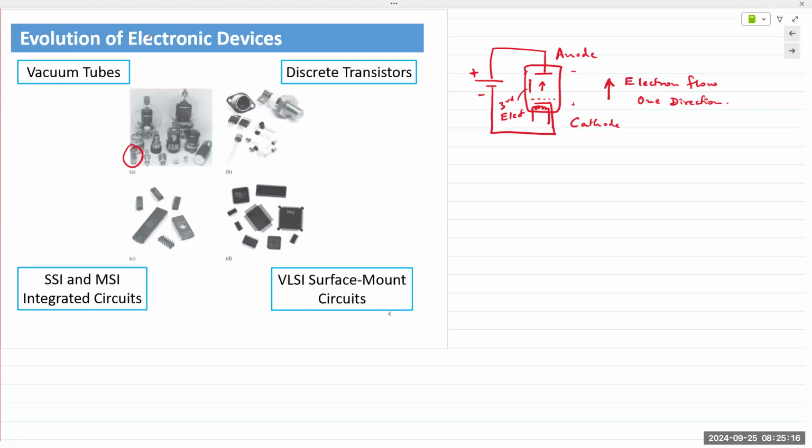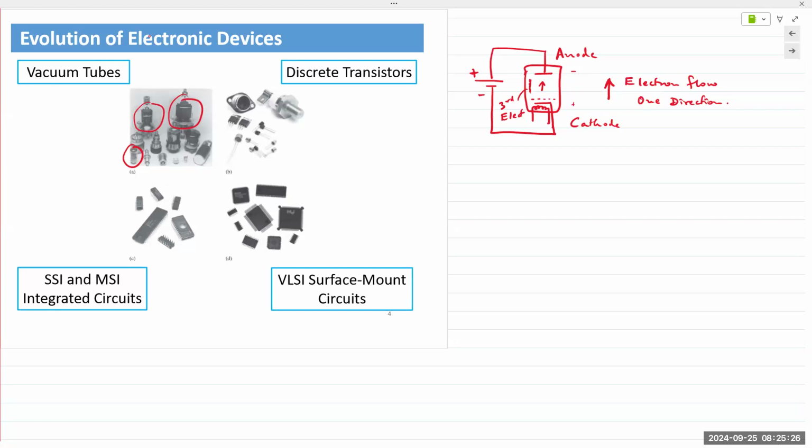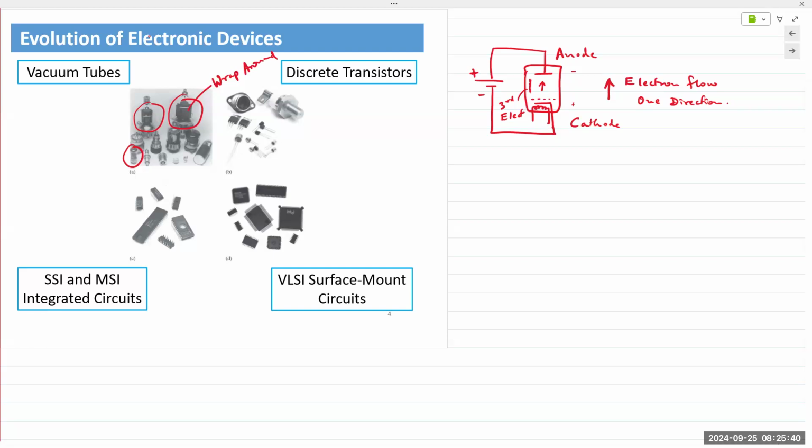If you look at some of these devices right here, it's probably very hard to see. I'm not certain how many electrodes these have, but you can see there are multiple. You can see a wrap around electrode around it inside here. And so those could be an example for a triode or a higher number of electrodes inside one vacuum tube.